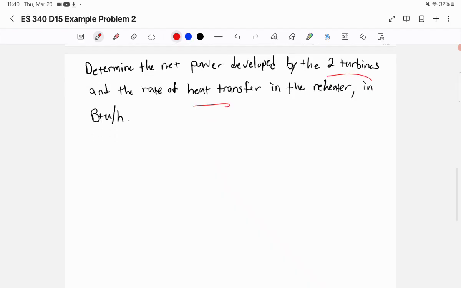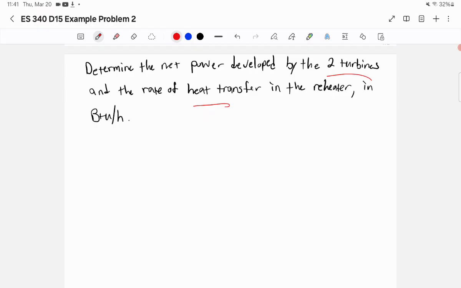Again, immediately we should be thinking in terms of the energy balance equation, right? The energy rate balance equations. And also, we should be thinking in terms of the isentropic efficiencies here, which are going to help us determine these things.